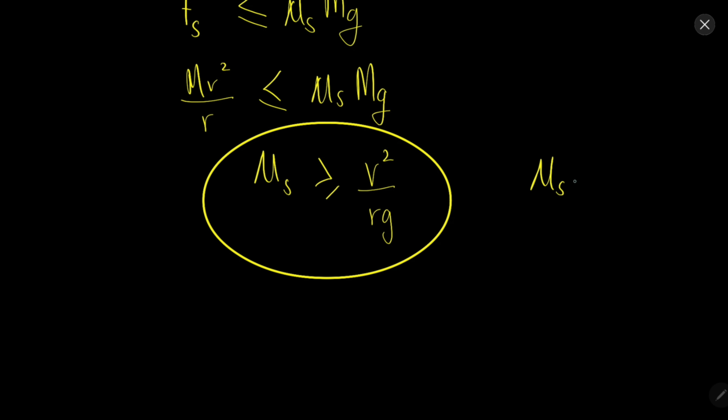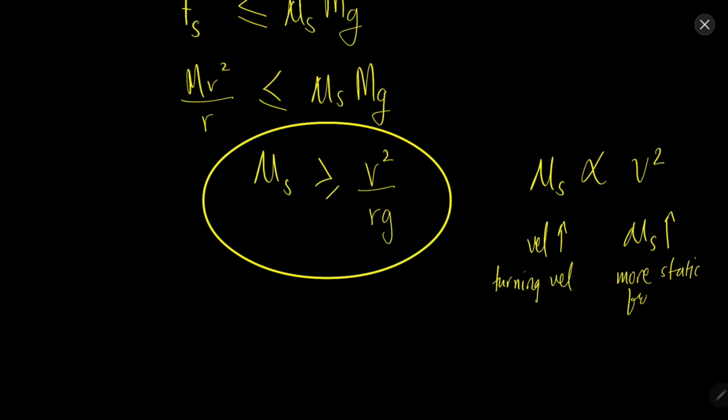This tells us about the relation between the velocity and the coefficient of friction: the coefficient of static friction is proportional to v square. If the turning velocity is more, then we need more static friction.